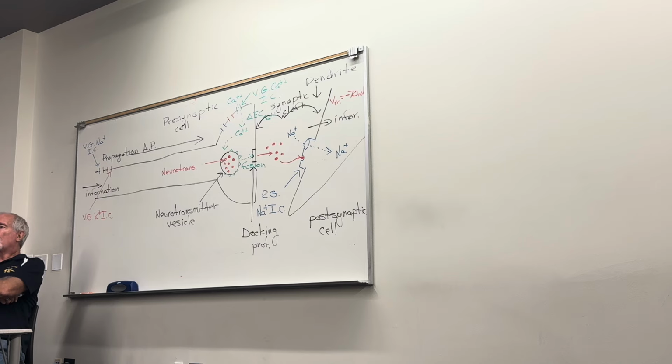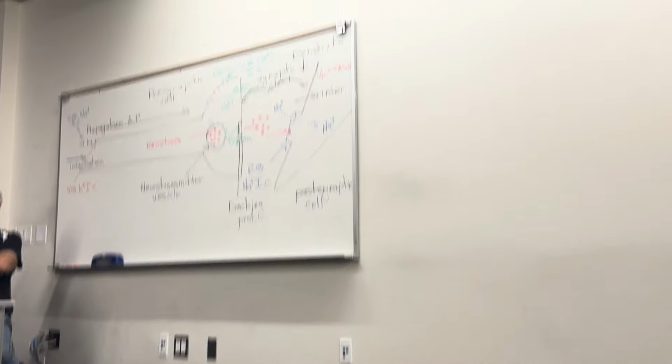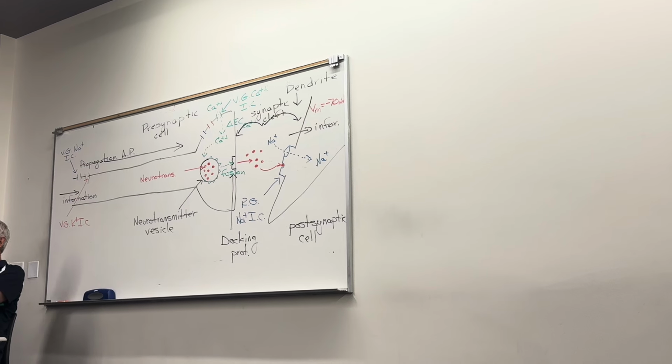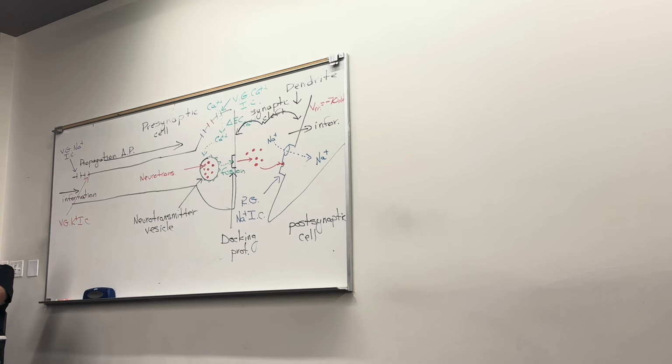So we've got these receptor-gated sodium ion channels open up. Now, I need all of you to look at that diagram that you drew. This is from lab, where we have the distribution of key membrane proteins along the length of a neuron.